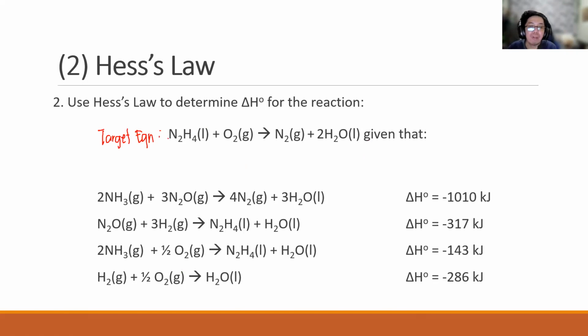And then, from your target equation, can you still hear me, sir? Yes, we can hear you. Okay, I thought something happened to my sound. From your target equation, you need to derive the delta H naught from this given set of equations. So it's up to you what you will do: flip them as is, retain, or multiply by factors, etc. I'll give you several minutes to work on that and then you share your screen.